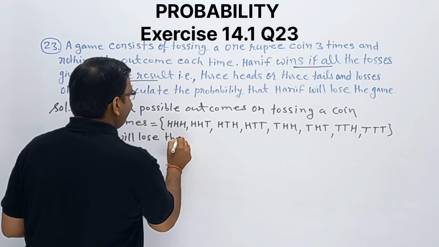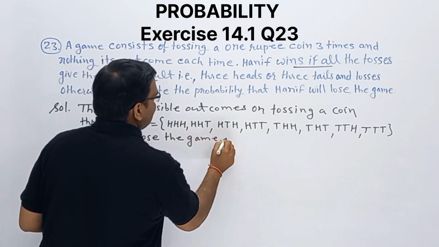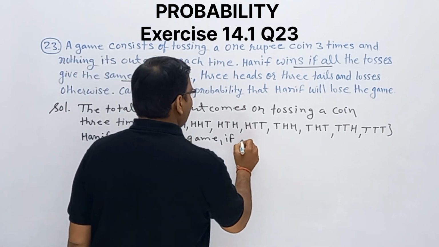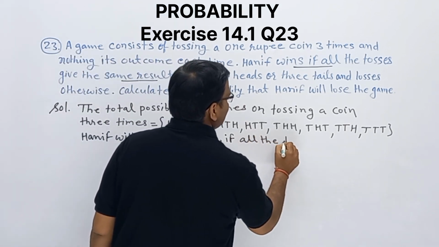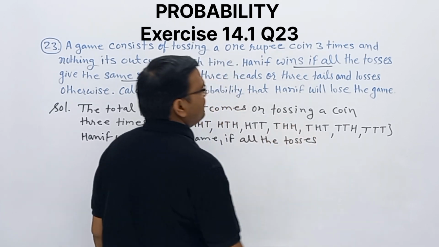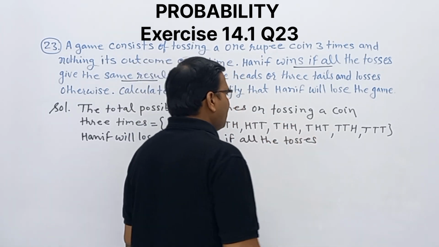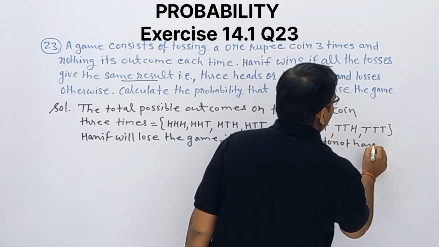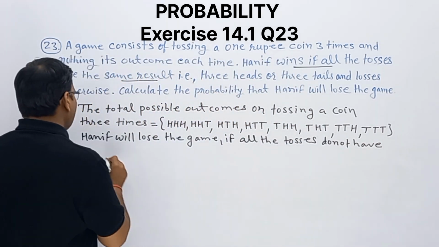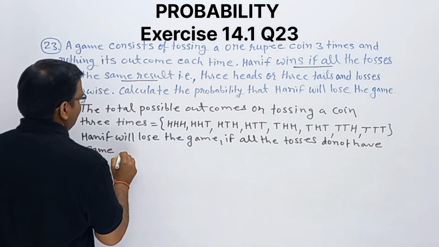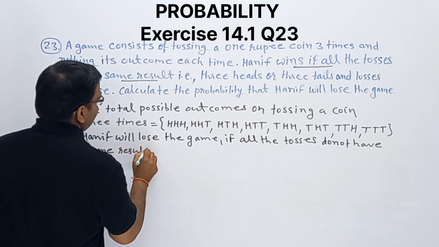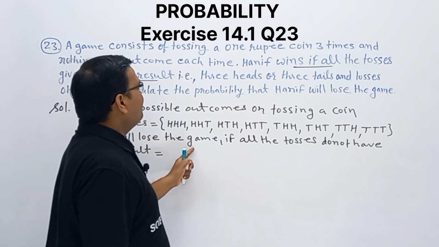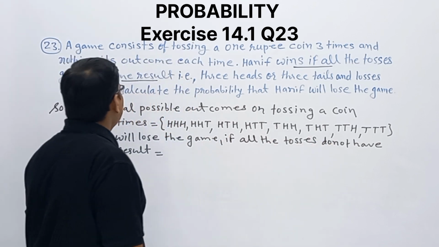Hanif will lose the game if all the tosses don't have the same result.